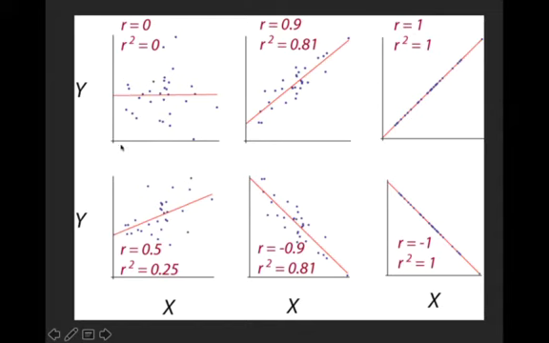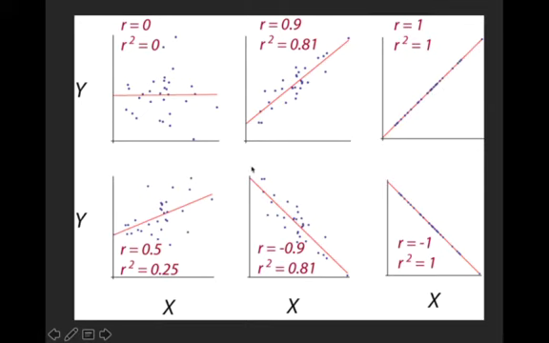So here, you could very well have a horizontal line, but each of those data points would be on that line, in which case the R squared would be 1 with an R of 0. In this upper right corner, we have an R of 1, so a 1-to-1 ratio, and an R squared value of 1, meaning that there is a positive relationship here, and 100% of that relationship is explained by this line.